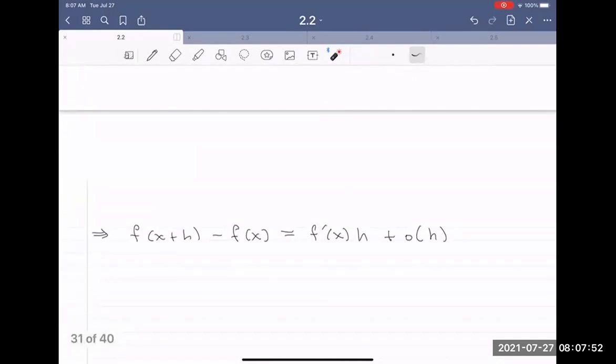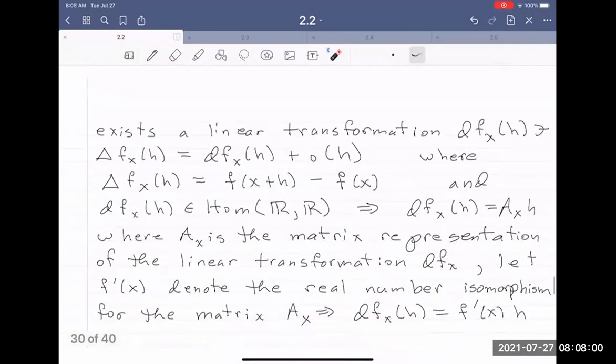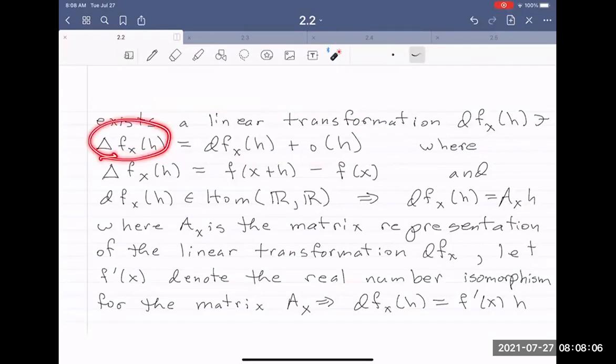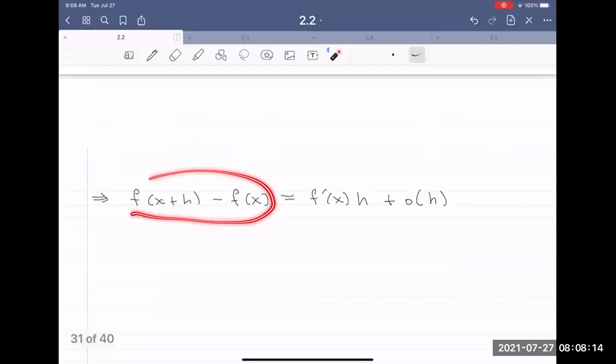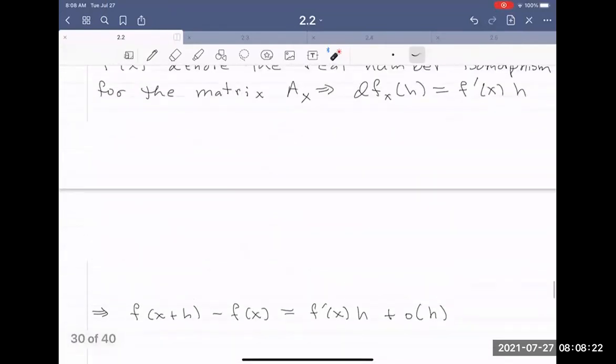So what we want to do now is translate this statement into our particular situation. Well, this delta is just equal to y2 minus y1. This linear transformation df sub x at h is just the number f prime at x times h, plus this little o.